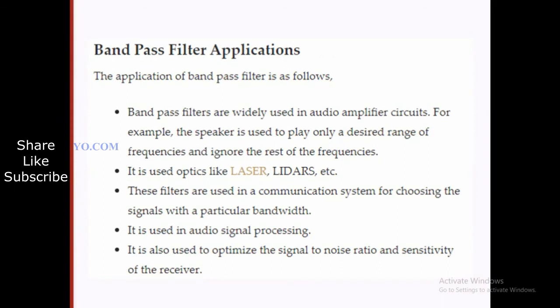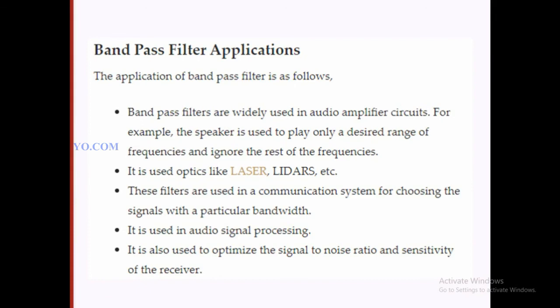Okay, and finally we can see the applications of bandpass filters. Bandpass filters are widely used in audio amplifier circuits. For example, a speaker is used to play only a desired range of frequencies and ignore the rest of the frequencies. The best example is the subwoofer. A subwoofer is a bandpass filter, so it produces only some range of frequencies.